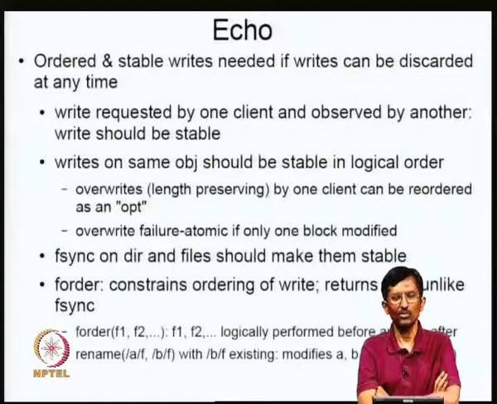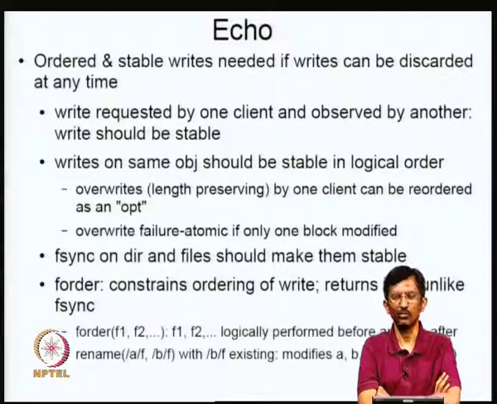In addition to this, there is something called F order, because notice that fsync is only on a particular directory or a file at a time. But suppose I am interested in constraining the order of multiple files or multiple directories. I want to specify the order in which some particular operation takes place on certain files.